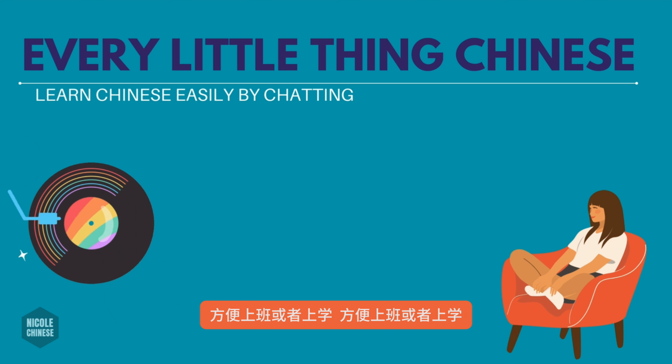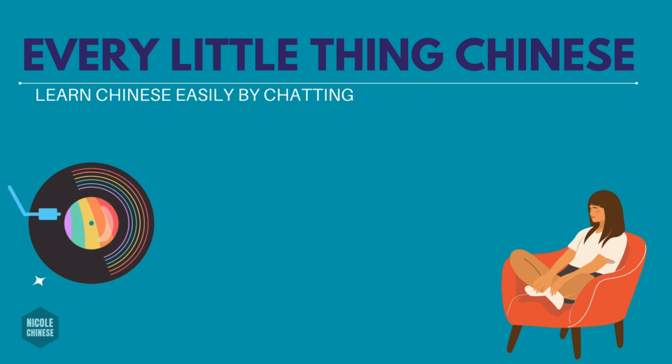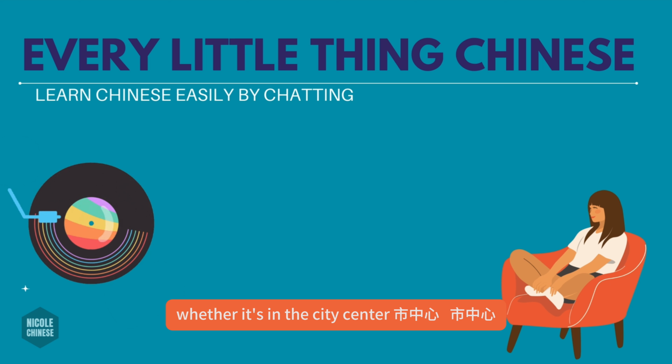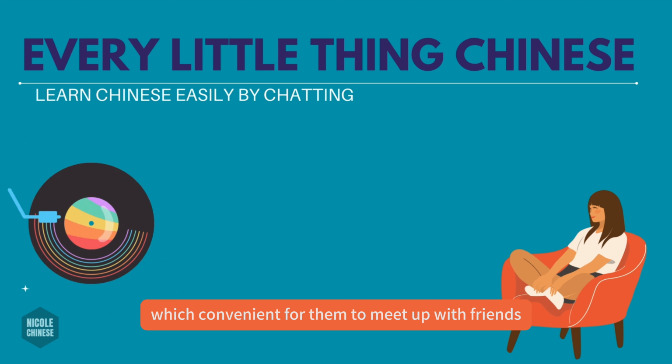Whether it's close to a metro station. 离地铁站近. Or some people might care more about whether it's in the city center. 市中心. Because they care about how easy it is to go to gigs, bars, or the high street, which is convenient for them to meet up with friends.